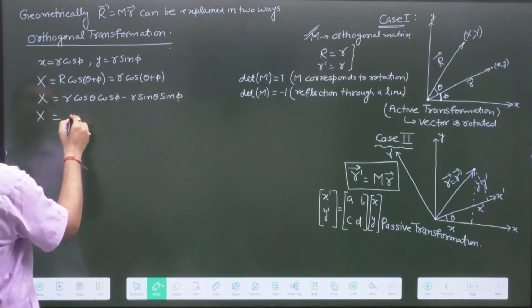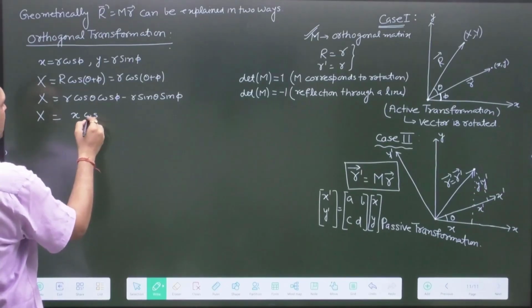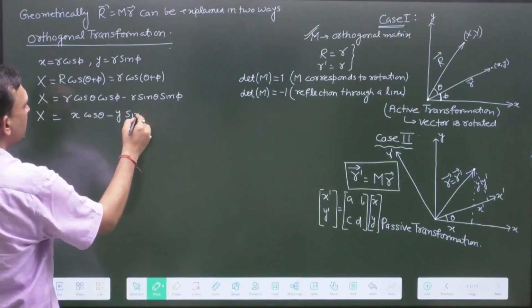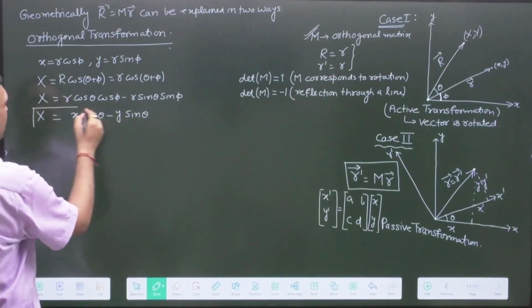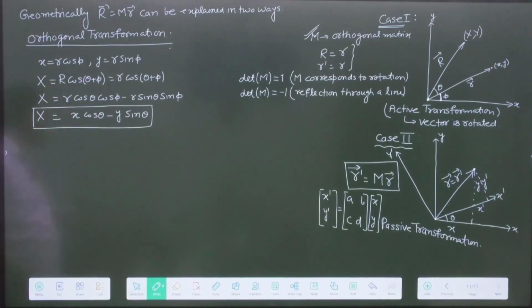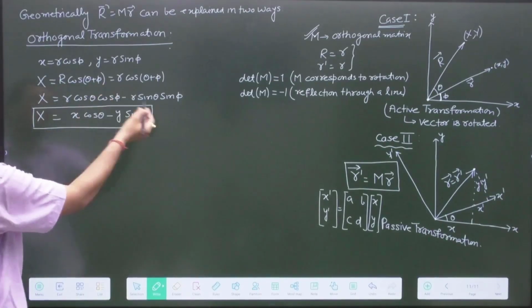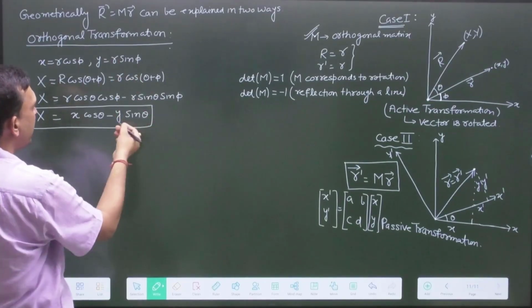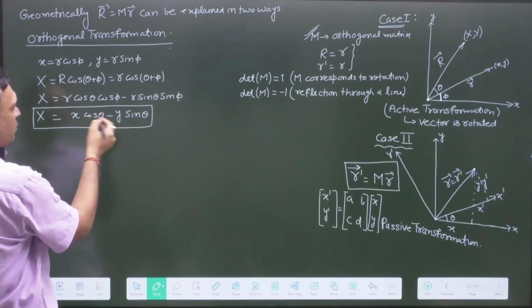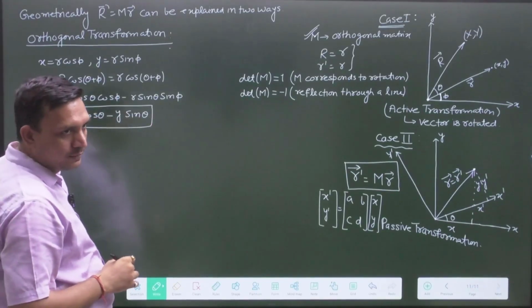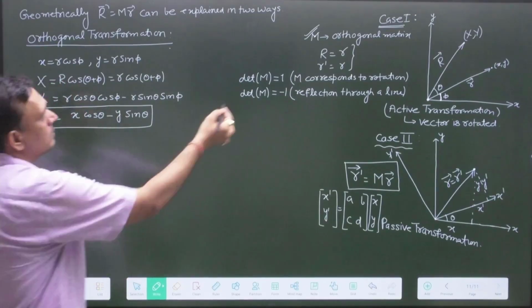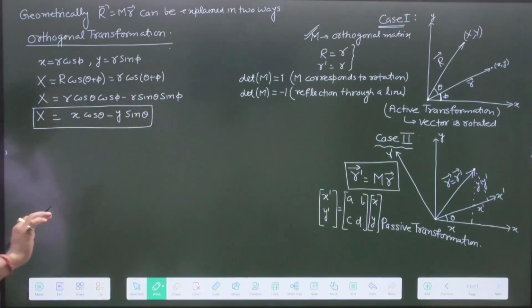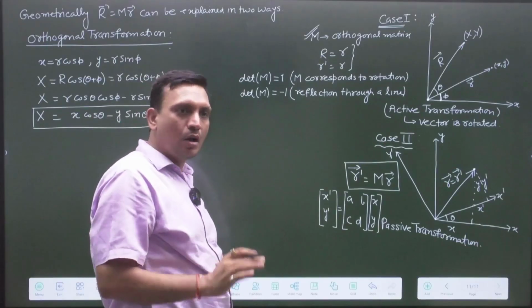This is x cos theta minus y sin theta, because r sin phi is replaced by y. So in terms of theta, this will be x cos theta minus y sin theta. Because M is an orthogonal matrix, it preserves the length of the vector. The length of the vector is not changing because M is an orthogonal matrix.